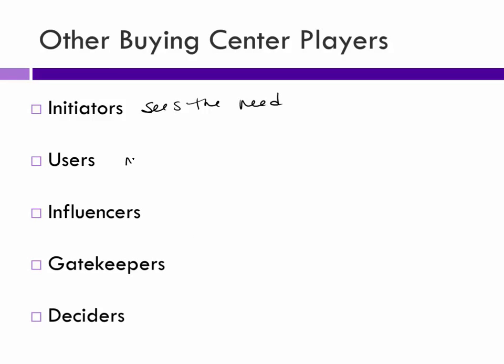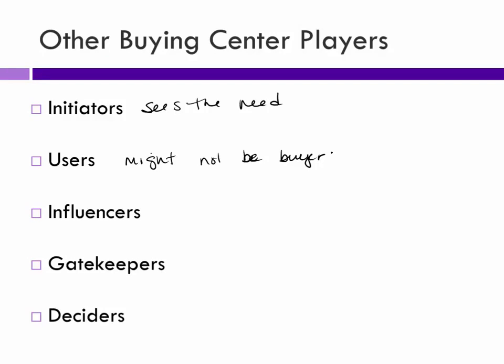They might not actually have any say in it. It could be textbooks. You're the ones using the textbooks or the technology, but you don't really have any say in the purchasing. So they might not be a buyer or any kind of decision maker, but they are going to be the ones using it. Depending on where you work, you probably see this a lot too. You're the one using the computer, but you didn't really have any say in what computer it was, for example.